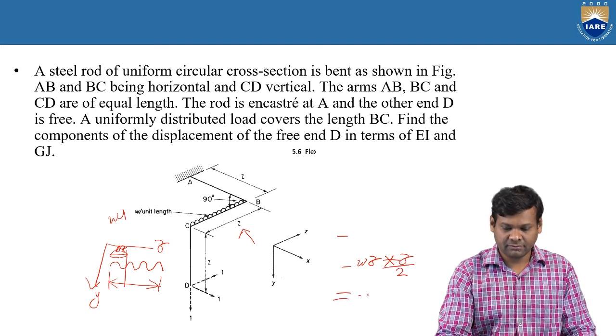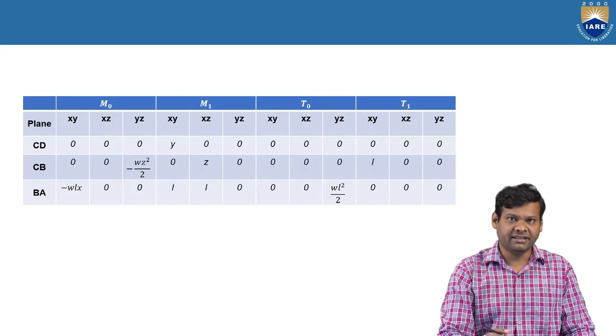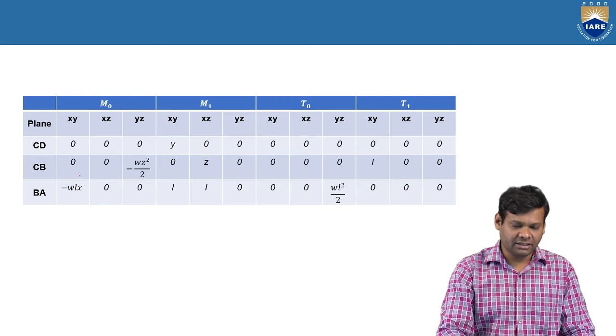Finally we get Wz squared by 2. In the plane of YZ, we have a moment M0 of minus Wz squared by 2. And in the other two planes, because of element CB, it is 0.